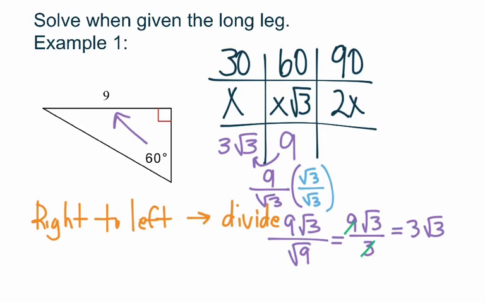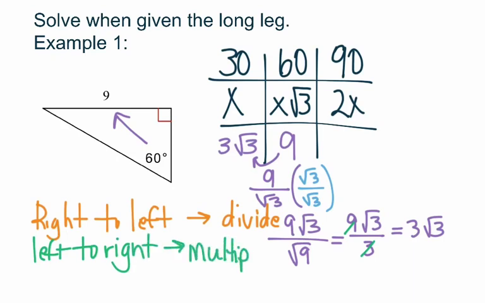Okay, so the last step, we're going from 30 to the 90 now. So we're going from left to right is always multiplying. Okay, so I'm going to color code this, so I'm using green this time.